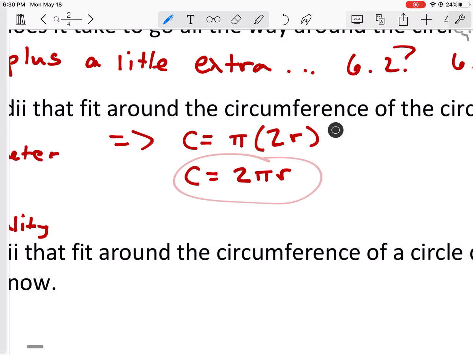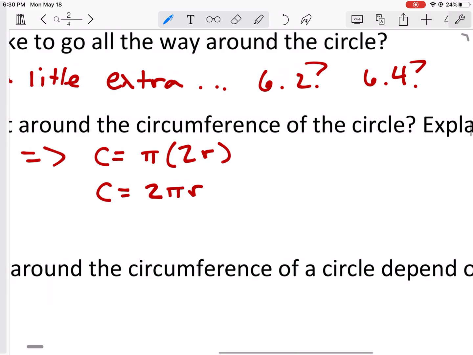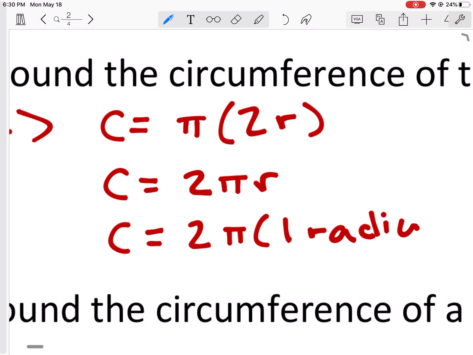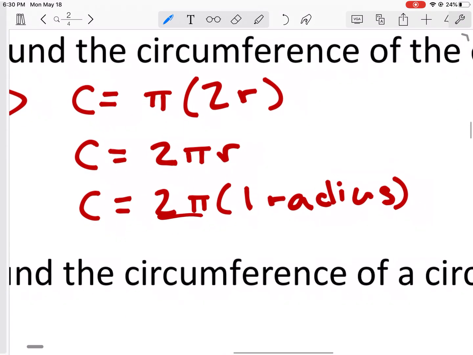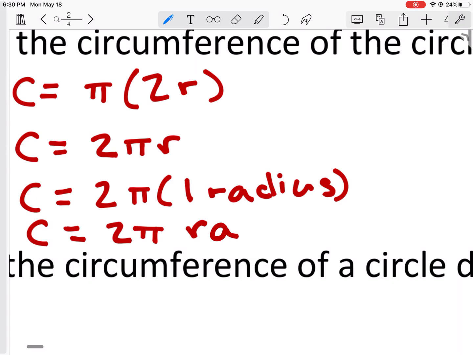And we can use this formula to think about what we were talking about. Well, in our case right now, the radius is 1 radius. We were calling the radius a unit of measure. So 2 pi times 1 radius. 2 pi times 1 is just 2 pi. So the distance around the circle is 2 pi radii.